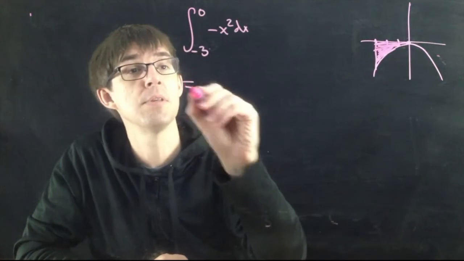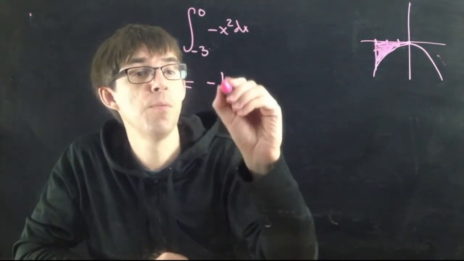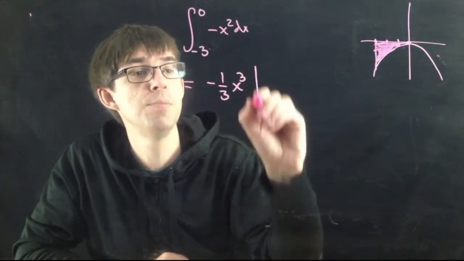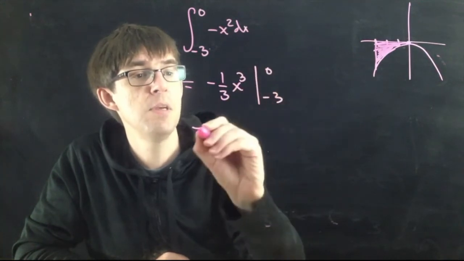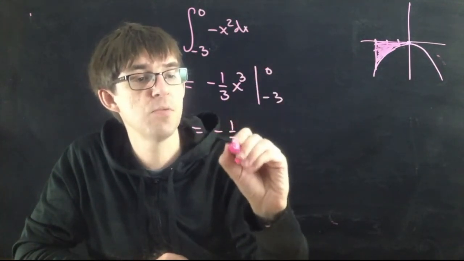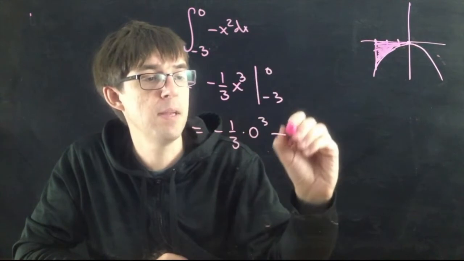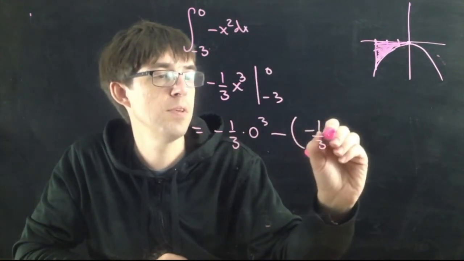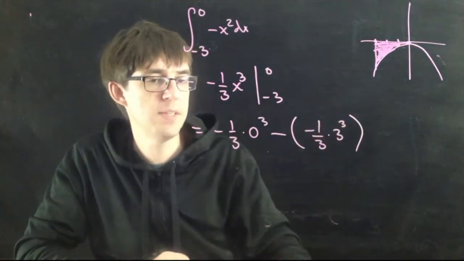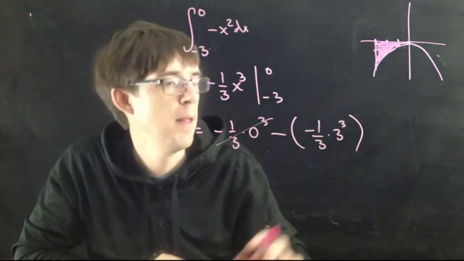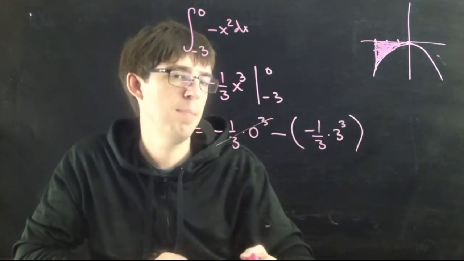Let's just see what happens. We do the antiderivative. We get minus 1/3 x cubed, plugging in 0 and minus 3. Minus 1/3 times 0 cubed minus minus 1/3 times minus 3 cubed. And what is the first part? That's just 0, right?